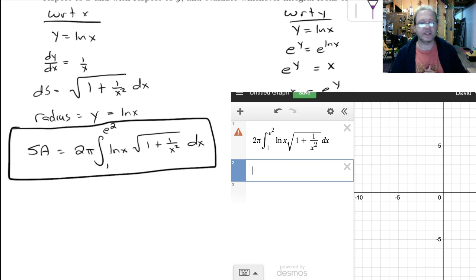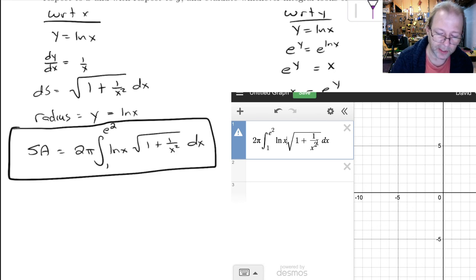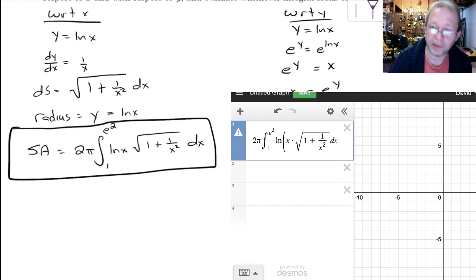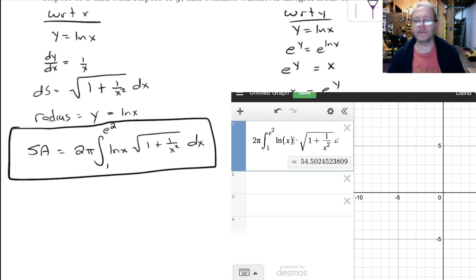For some reason it doesn't like that. Maybe I need to put a times here. Okay, it doesn't like that. Maybe I need to put some parentheses around the x. Okay, yeah, 54.502.